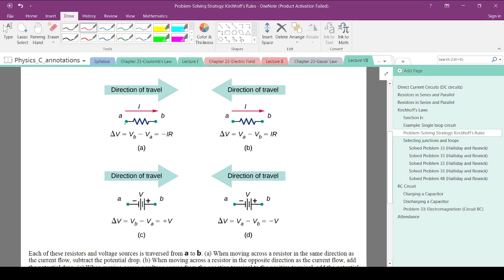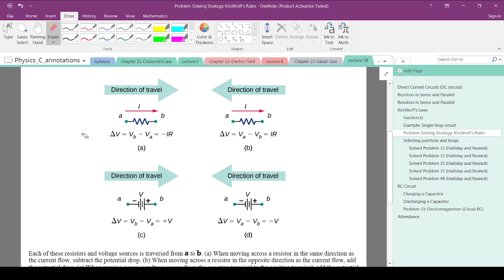If your component is a resistor and the current is going from A to B, and you are traveling the loop in this direction, that means a negative difference in potential. If you are going this way in your loop, that means positive.